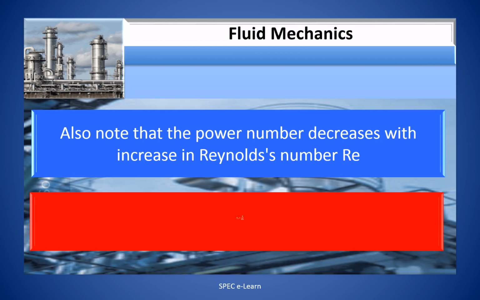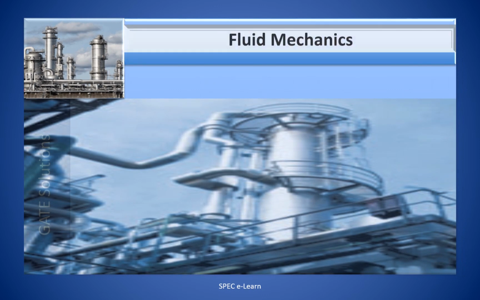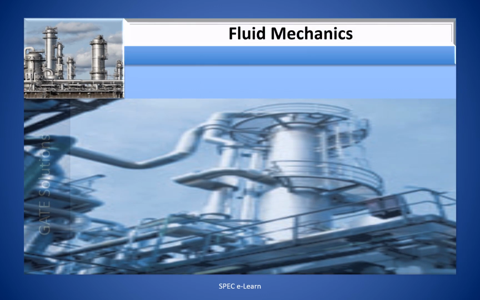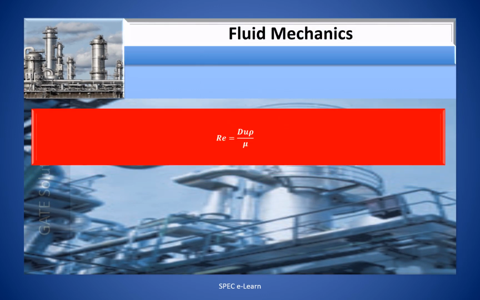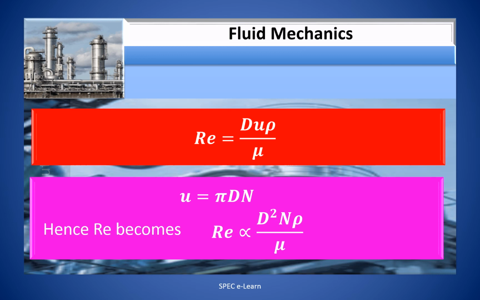Np is proportional to 1 by Re. Re is equal to d u rho by mu. U is equal to pi d n. Hence, Re becomes Re proportional to d squared n times rho by mu.